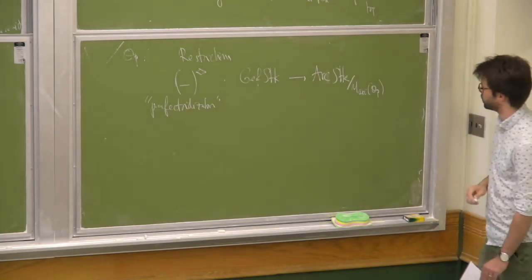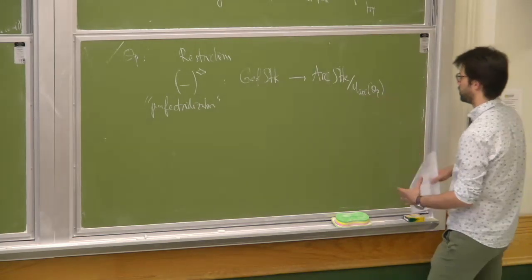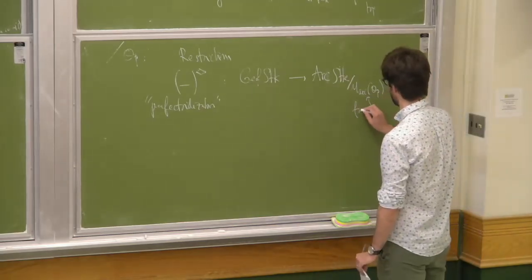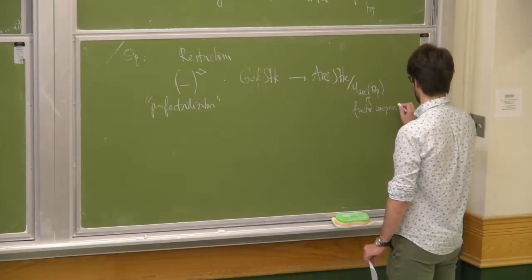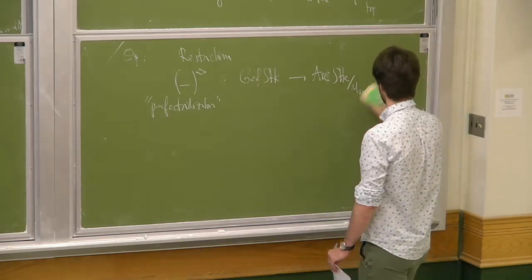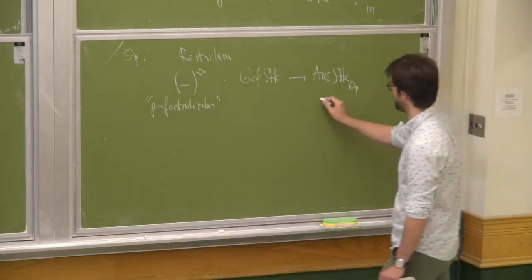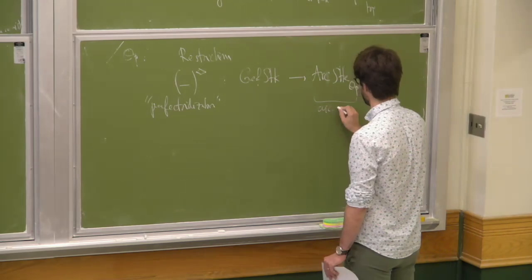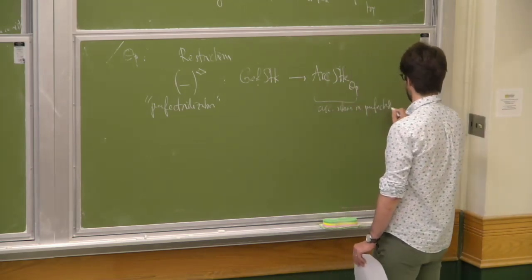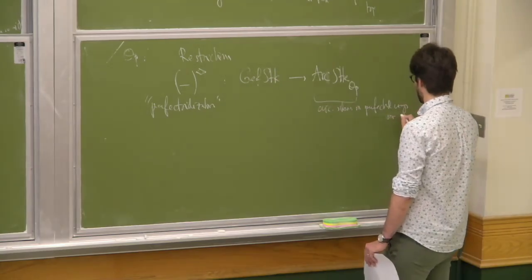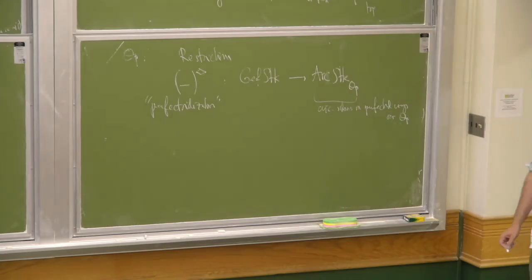Maybe I will note, like the Scholze notation, the functor over the constant Q_p, and this is the arc sheaves on perfectoid rings.